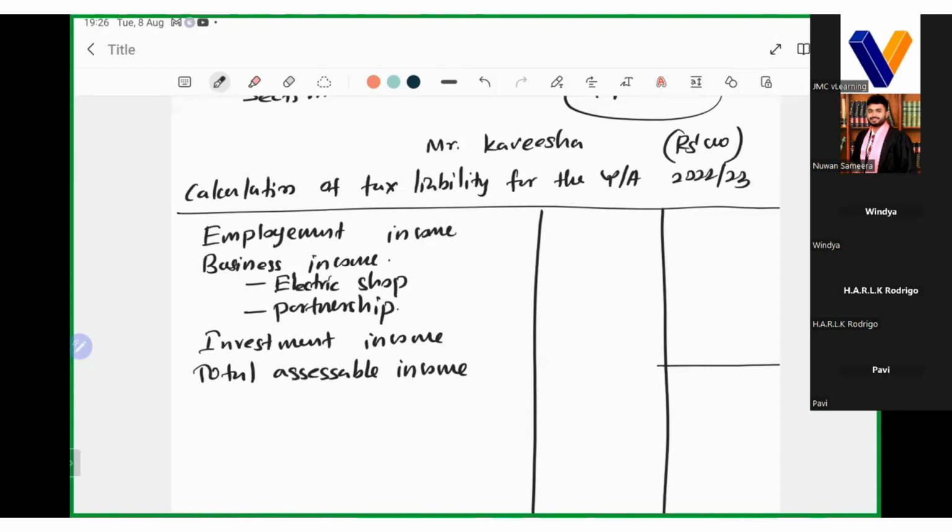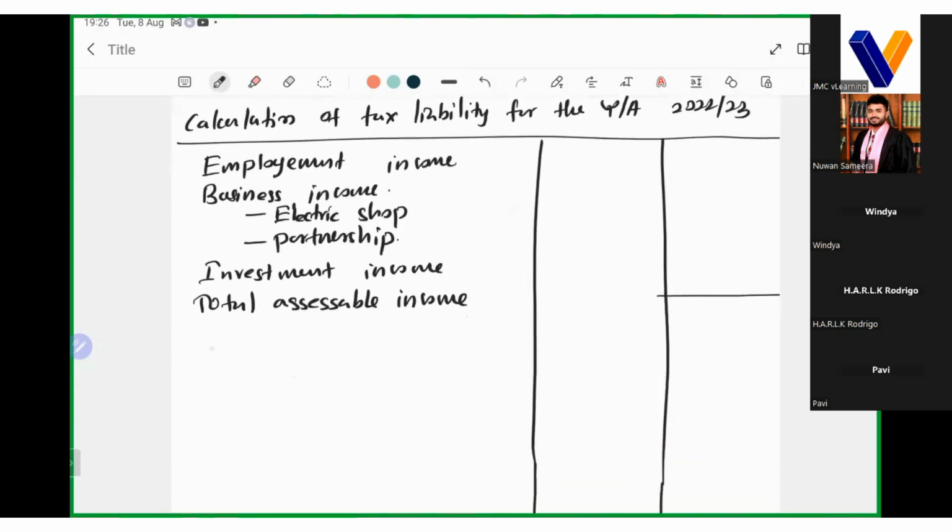Once you get the total assessable income, you can deduct section 52, qualifying payment and relief.